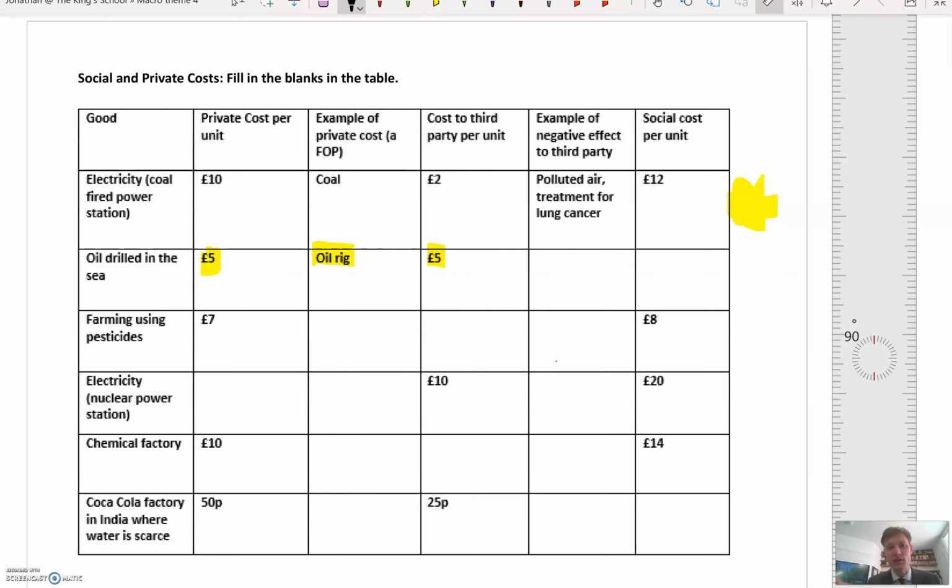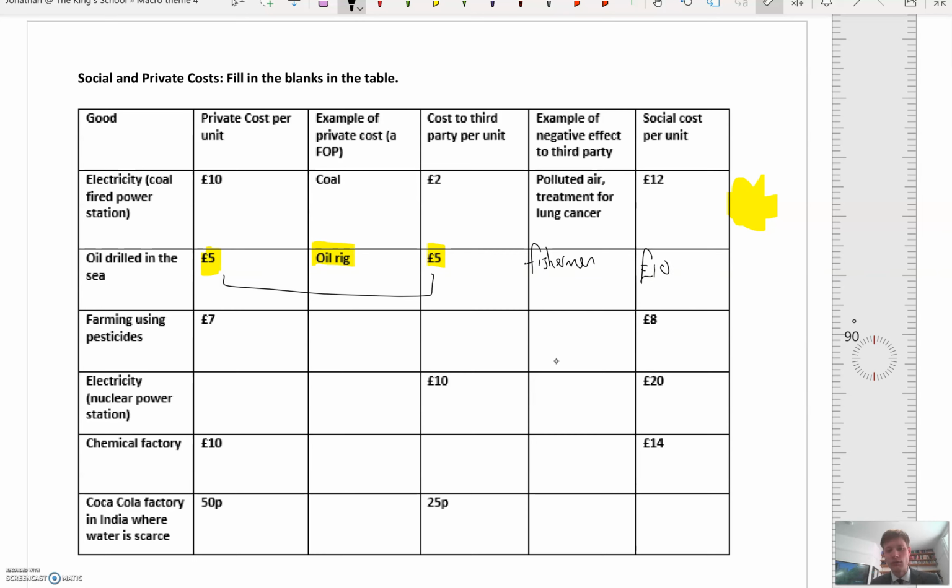Now that third party could be fishermen. They have less fish to catch because now they've all been killed because there's oil being spilt in the ocean. And the social cost per unit, therefore, is not £5. It is the £5 to the firm plus the £5 to the local fisherman, which is £10.